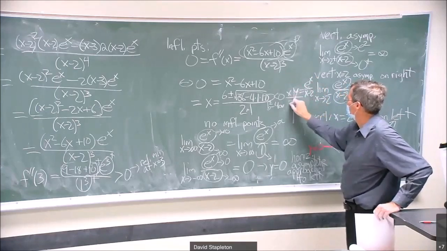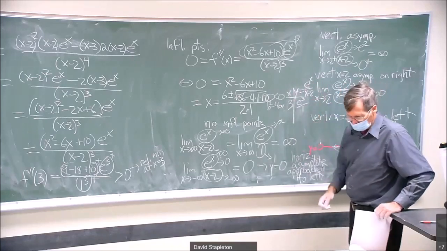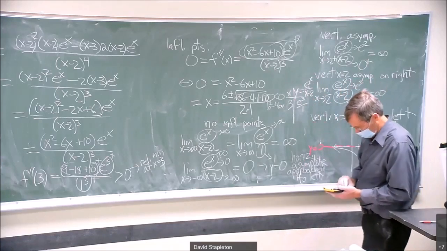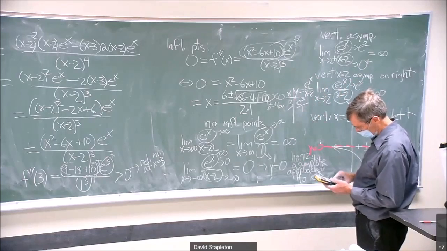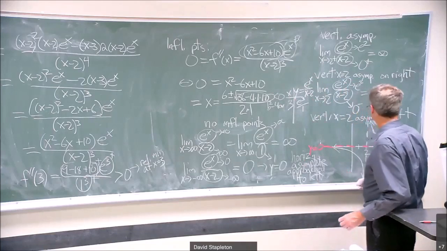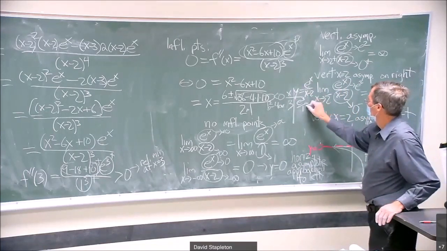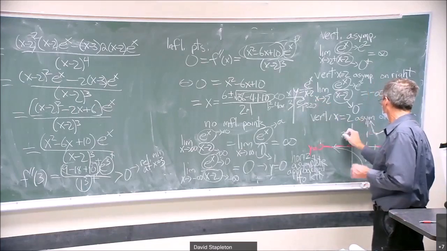So if I put in 3, we get e cubed over 1. E cubed is about 20. So this here is going to occur at about 20.